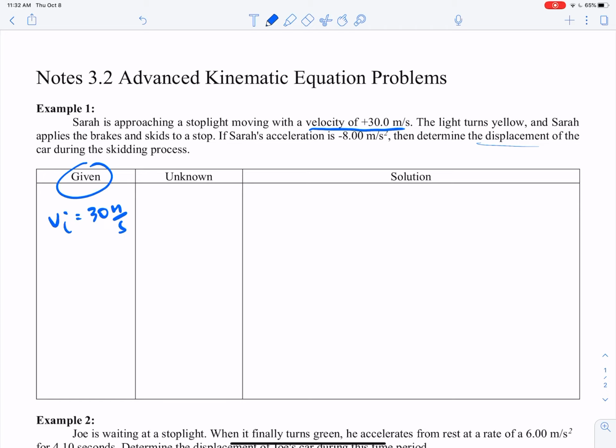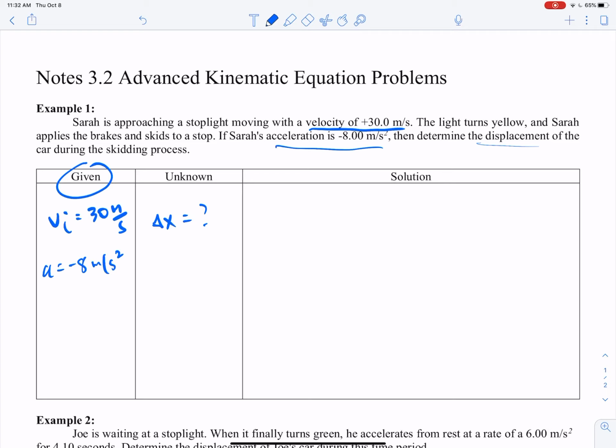And then I've got another really obvious one here, acceleration of negative 8 meters per second squared. And it says determine the displacement of the car. So my unknown is displacement, right? Delta x.